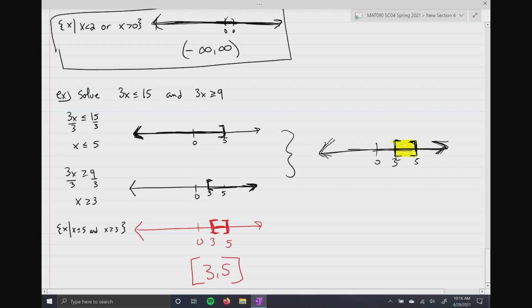That's it. So do we see the difference here? That is the number one mistake students make: they think, oh, it overlaps, so it's just everything. No. It depends on what the compound statement is. Is it an and statement or is it an or statement? Does that make sense, everyone? All right, that's the biggie.